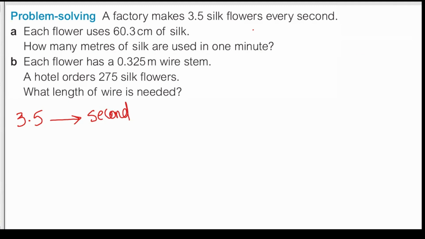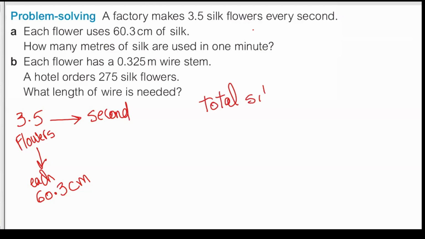So he makes 3.5 flowers in 1 second, and each one of these uses 16.3 centimeters of silk. So first you need to know the total silk in the flowers.